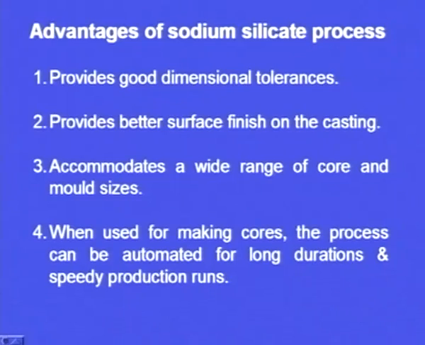Because the surface finish is not good, we have to machine it, we have to put in more effort and use more labor, but if we make the mould using the sodium silicate moulding process, we get a better surface finish. This is another advantage, and it accommodates a wide range of core and mould sizes. Different sizes of cores and moulds can be made.